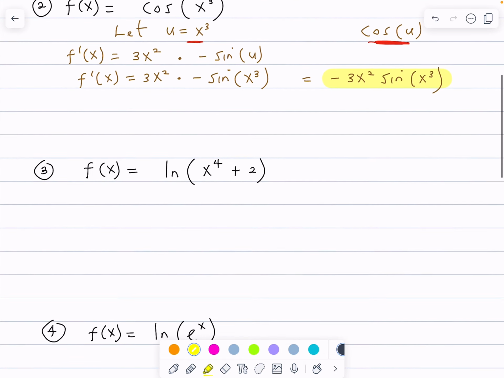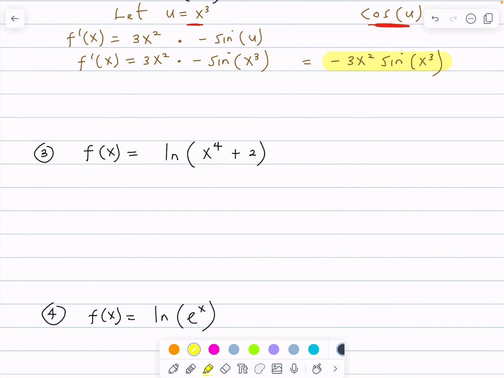Now let's apply the same idea to this problem. What is the inside function here? The inside function is x to the power of 4 plus 2. So let u be equal to x to the power of 4 plus 2. Now my function will be ln u.